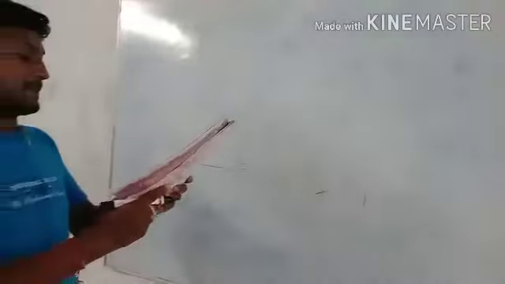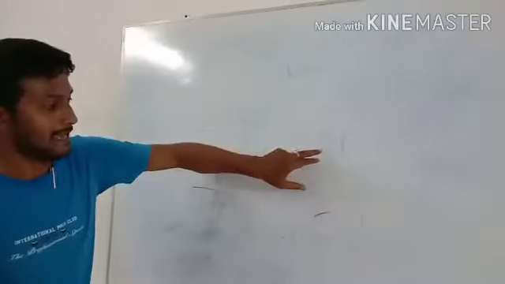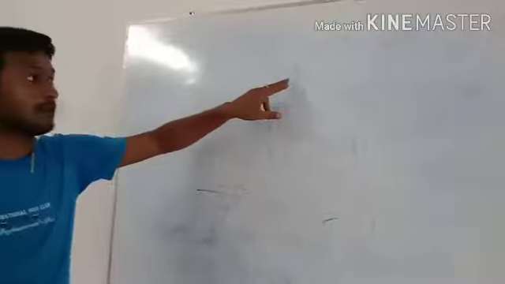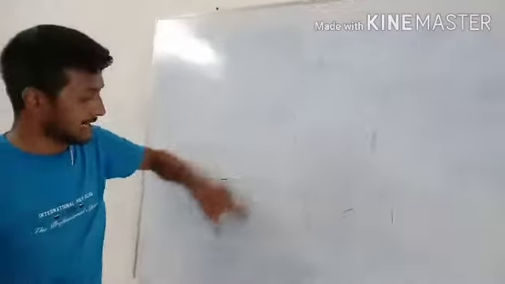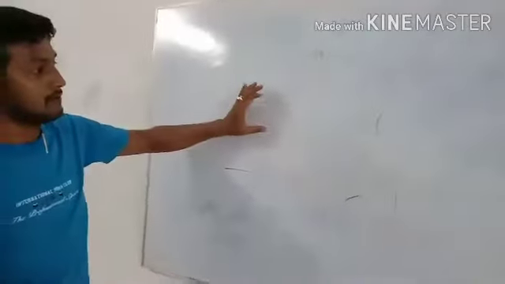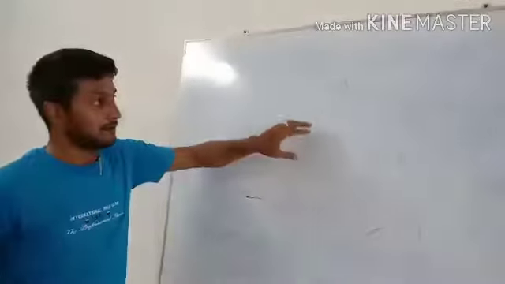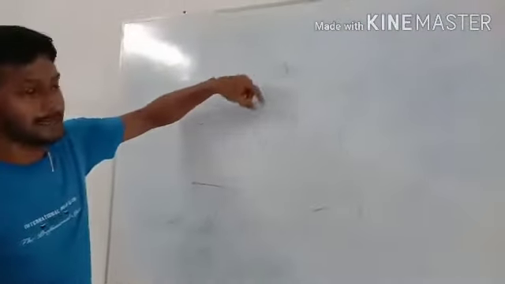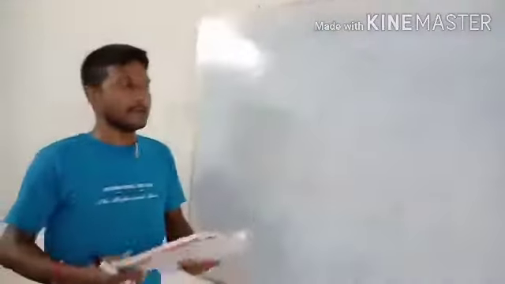So, angles made by a transversal with two lines. That means here the lines L and M are intersected by another line that is called the transversal, and here 8 angles are formed. If two lines are intersected by another line, then 8 angles are formed.